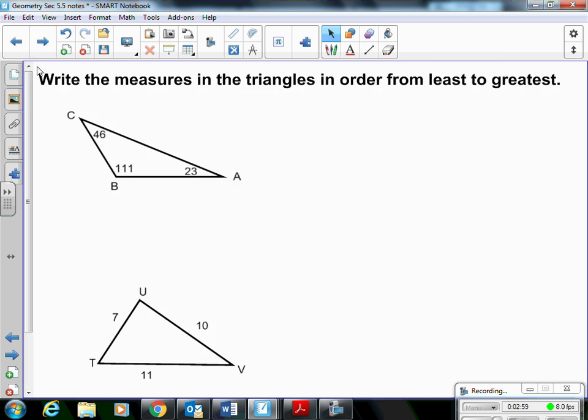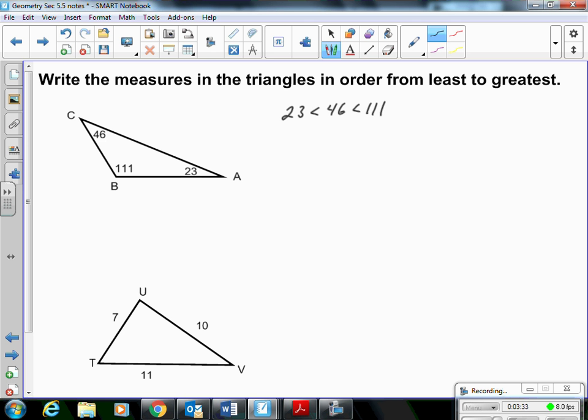All right, so write the measures in the triangles in order from least to greatest. If we look at what they're giving us, the angle measures. Right? So if I look at the angles, we put those in order from least to greatest. 23 is the smallest one, and it's less than 46, which is less than 111.